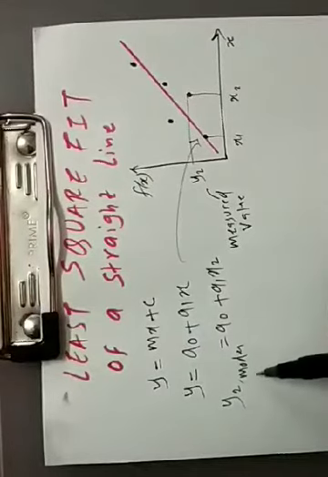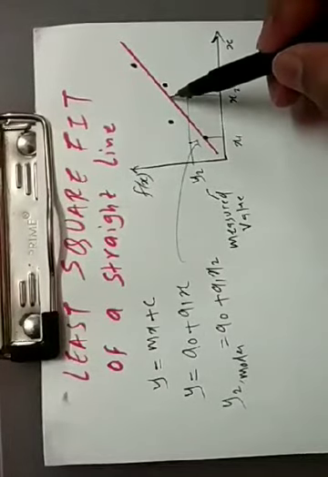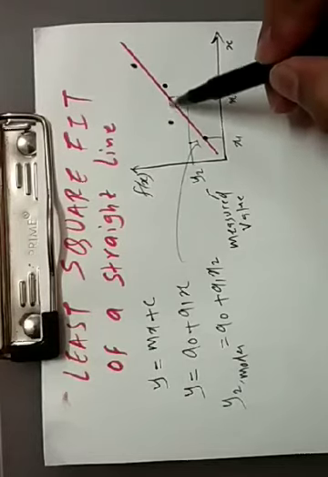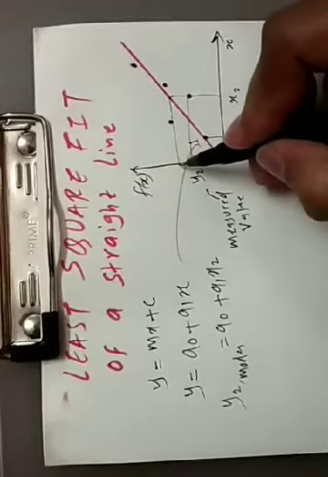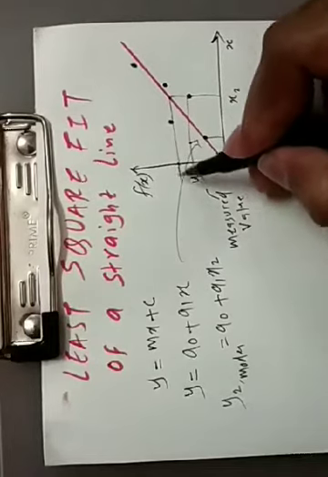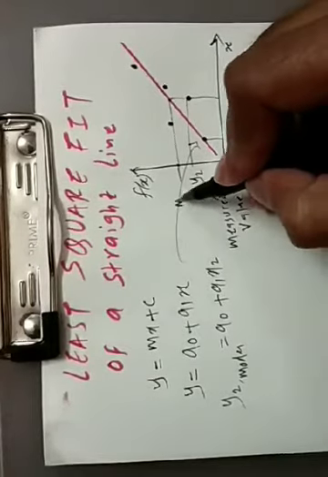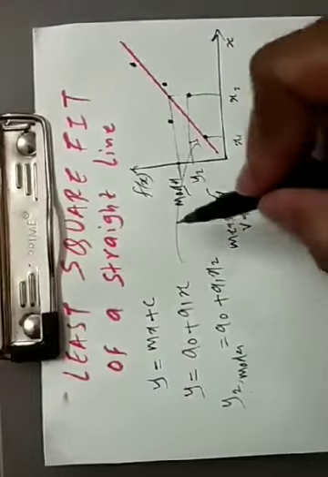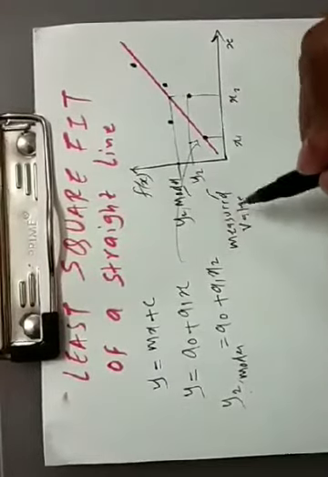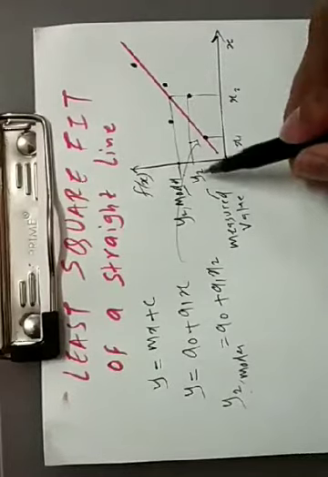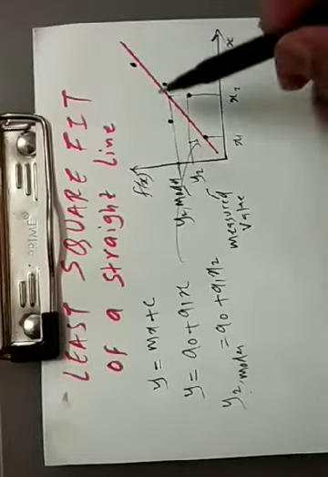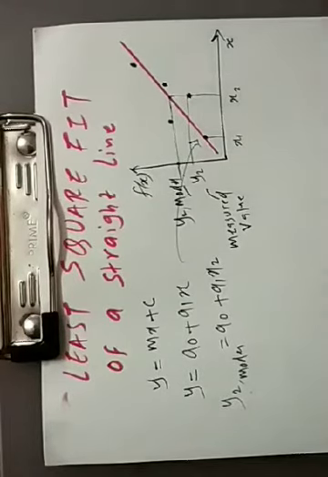Now this y2 modeled is this one. At x2, using this equation, this is the modeled y2, and this value is y2 measured. So always there is certain error when we are using this equation.